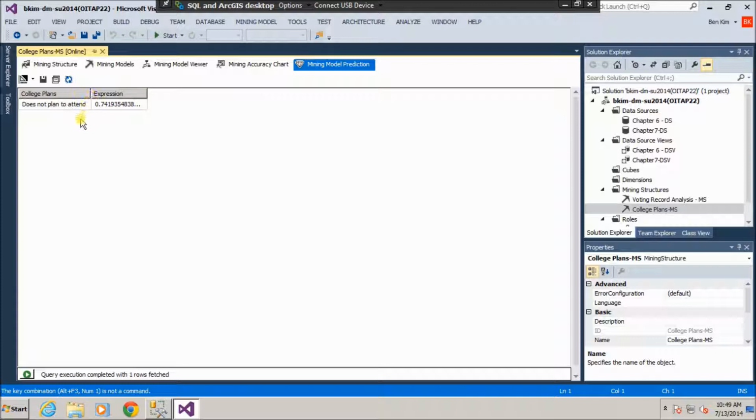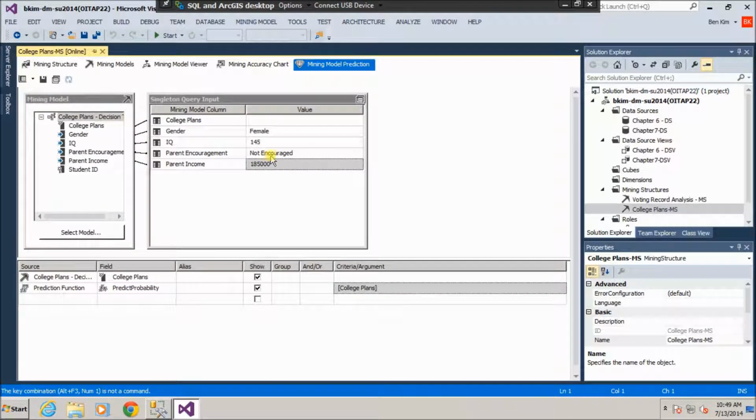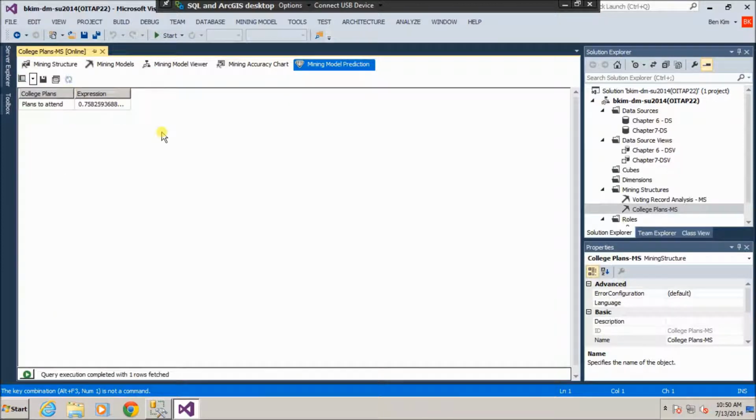Oh, still not going to college. Huh, interesting. How about if I change it to encouraged, and parent income is, let's say, 45,000. How about that? Now it's planning to attend college with this probability.